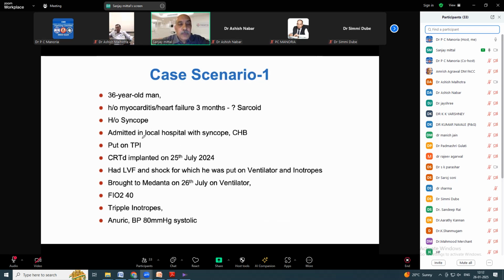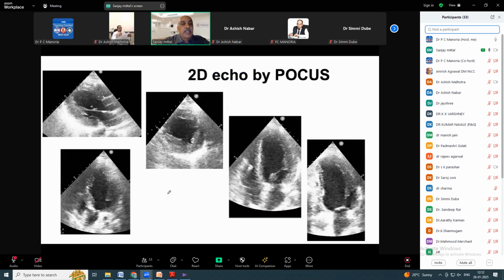And he was put on PPI, he was in cardiogenic shock, counts were elevated, and after CRTD he continued to be in shock and was brought to Medanta in July on a ventilator with an FiO2 of 40. He had triple inotropes, and yet the blood pressure was just 80 millimeters of mercury.